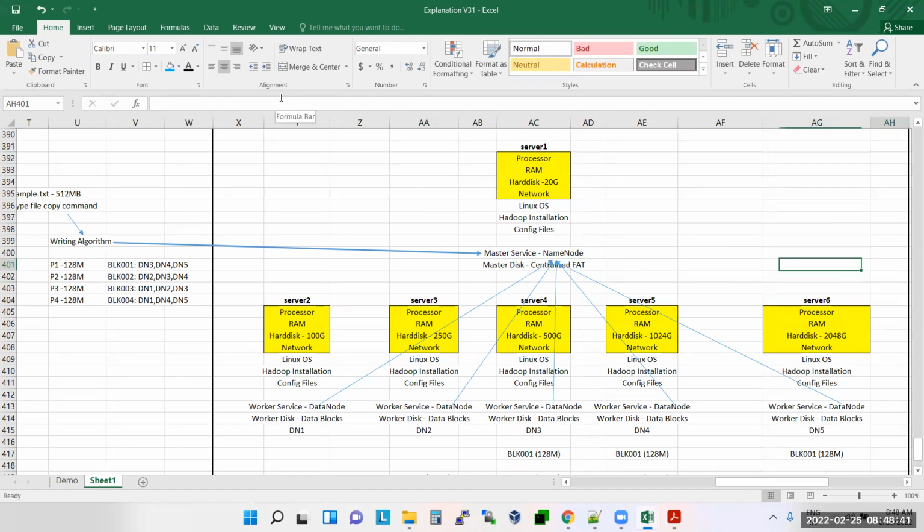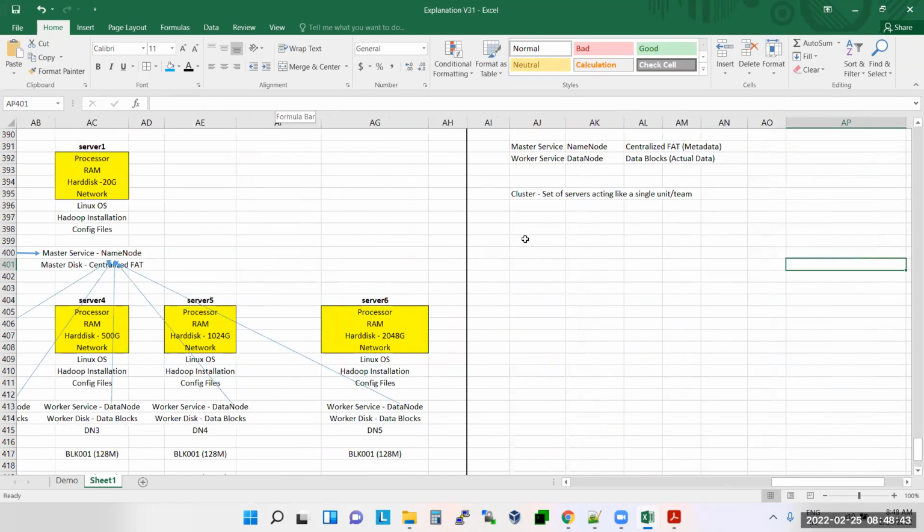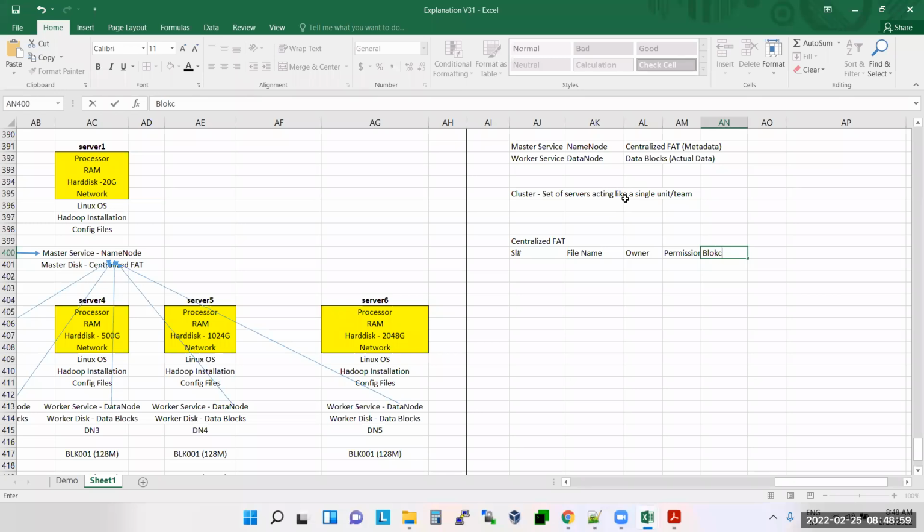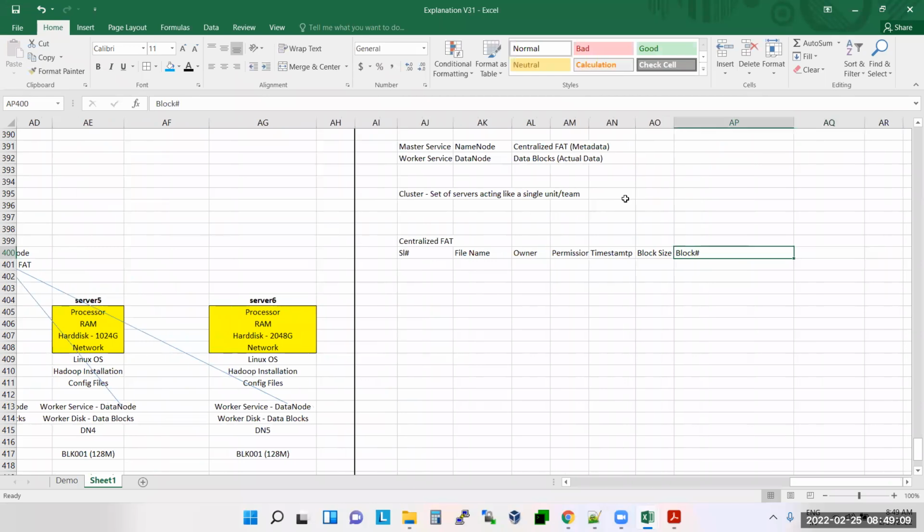It will update like this: serial number, file name, owner, permissions, size, timestamp, block size, block numbers.